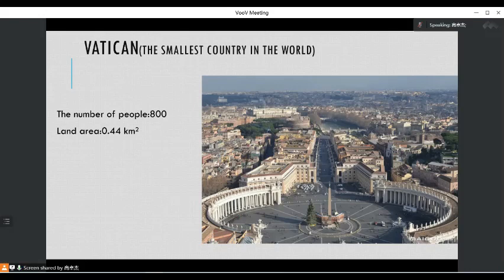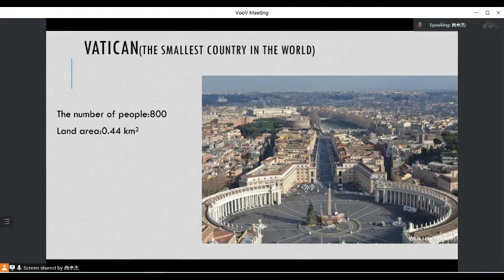Let's take a look at this country. The picture is an overview of the country. The land area of this country is about 0.44 square kilometers, which may be similar to the area occupied by our university.